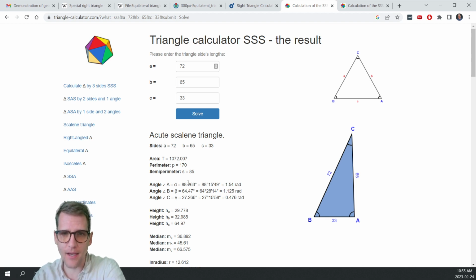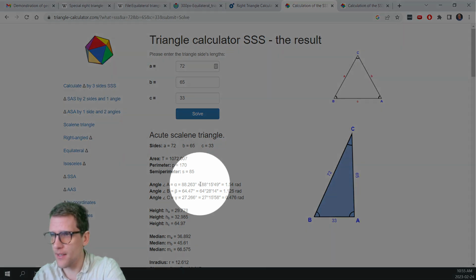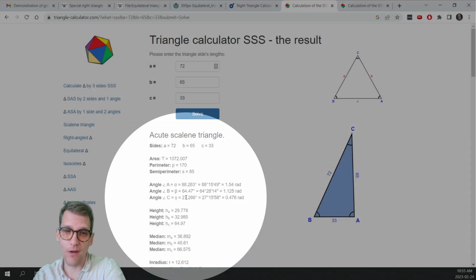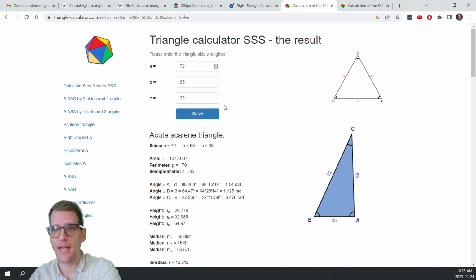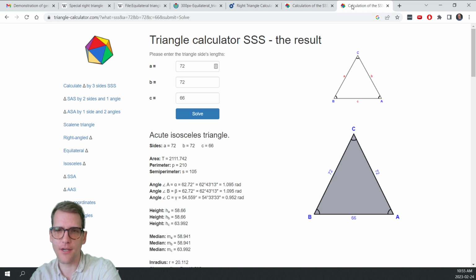These are the angles, right? We've got 88, 64, and 27. Those are pretty close. And those are likely within a little bit of tolerance of my capacity to draw and measure at that scale. So we're definitely in reference to the 30, 60, 90, but we're not necessarily there.